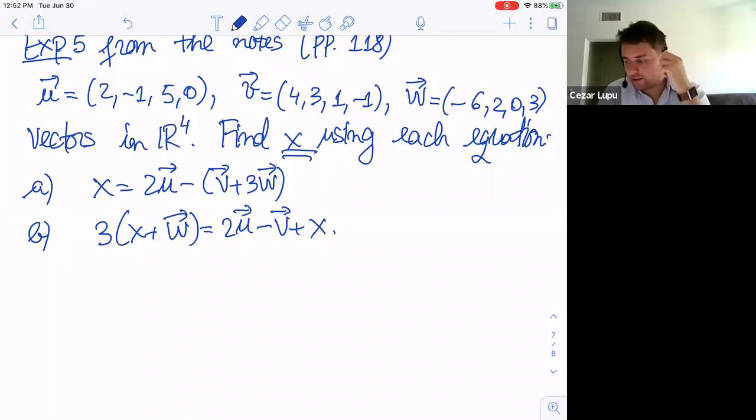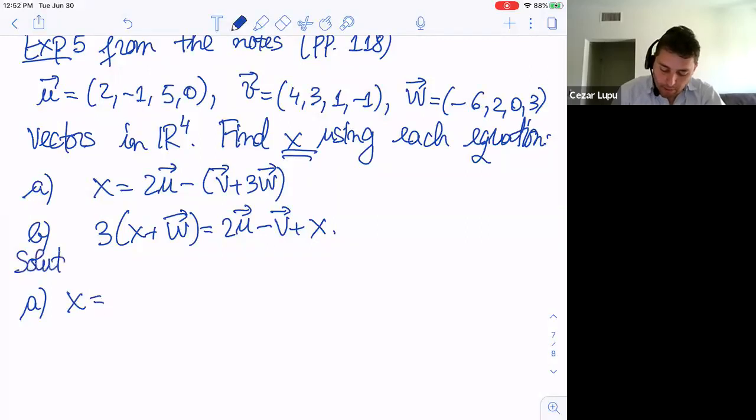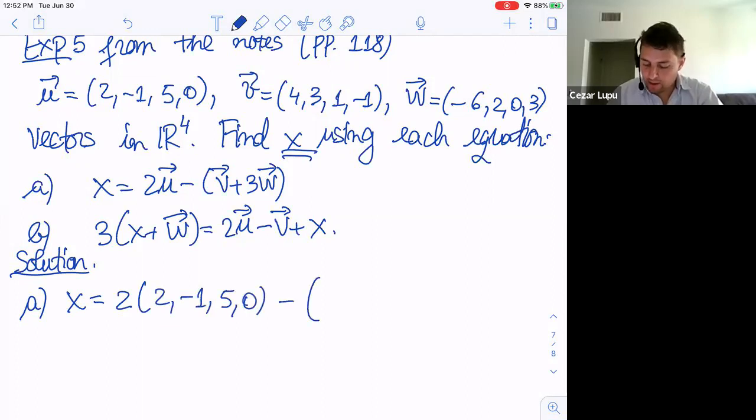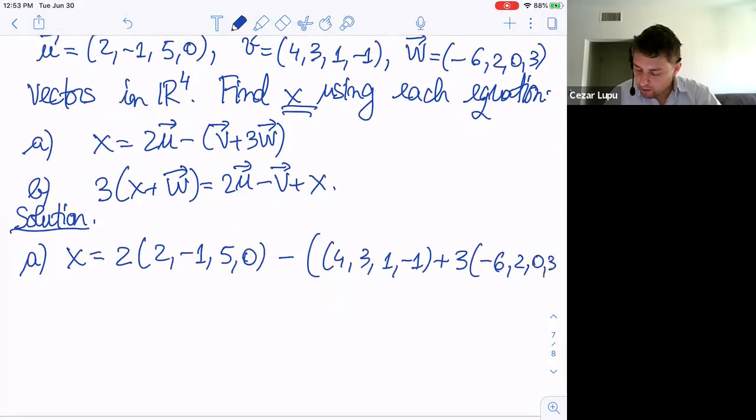Okay, so let's do this. Let's take x from the first one. So x will be, I can write it, 2 times the vector u, which is 2, -1, 5, 0, minus, and let's be careful here, the vector v, which is 4, 3, 1, -1, plus 3 times w, which is -6, 2, 0, 3. Okay?